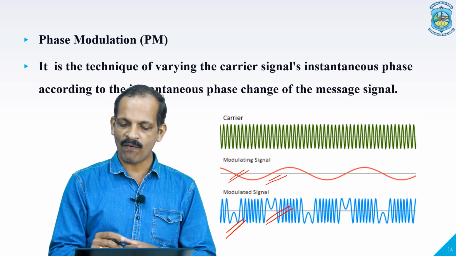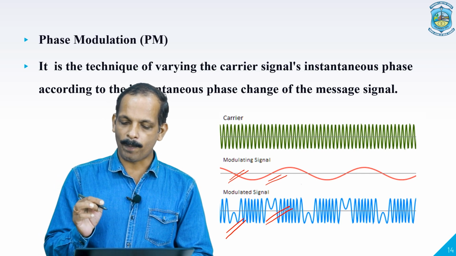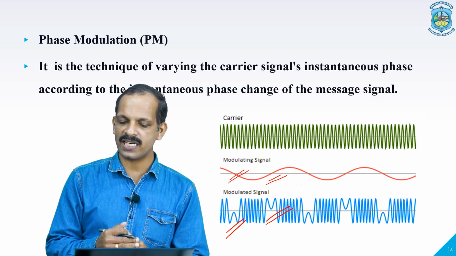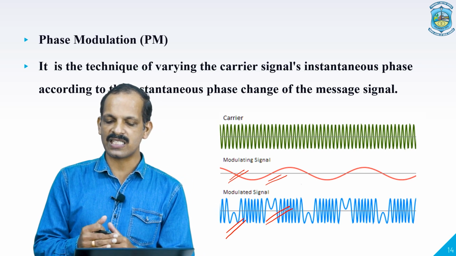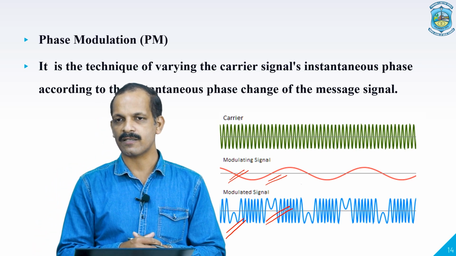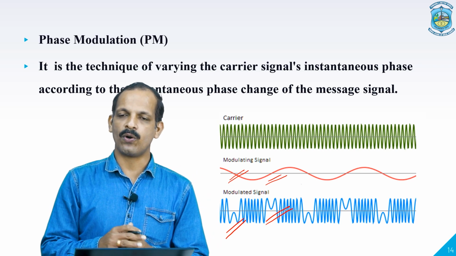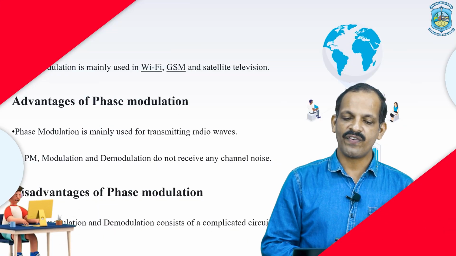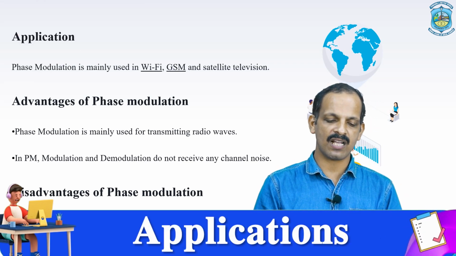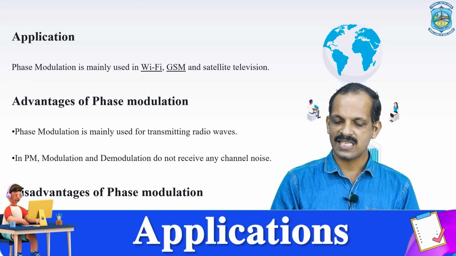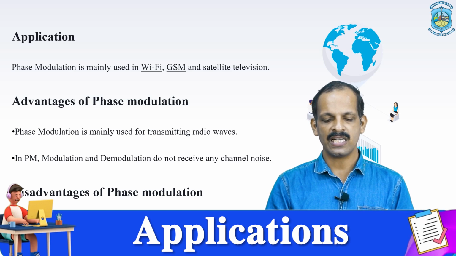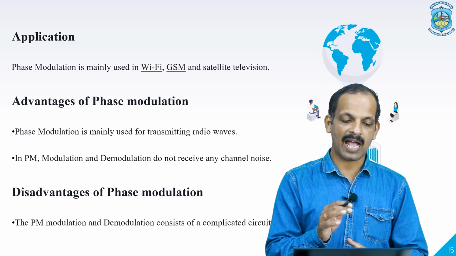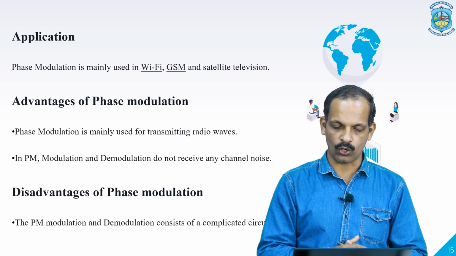This type of property change is made in the carrier signal, and we are representing our information signal in that carrier. This process is called phase modulation. In the case of phase modulation, the main applications are Wi-Fi communication, GSM communication and satellite telecommunication. These are the different applications of phase modulation.